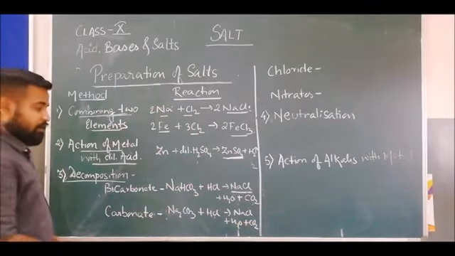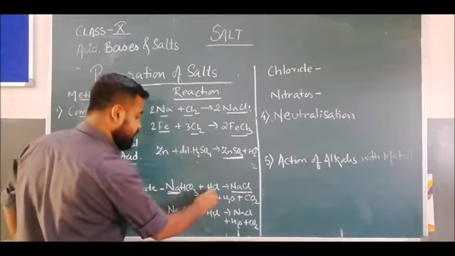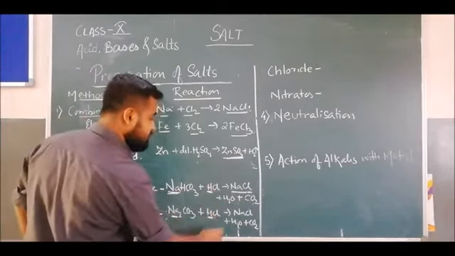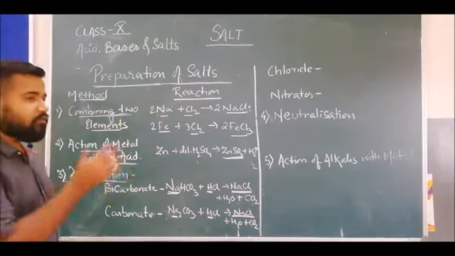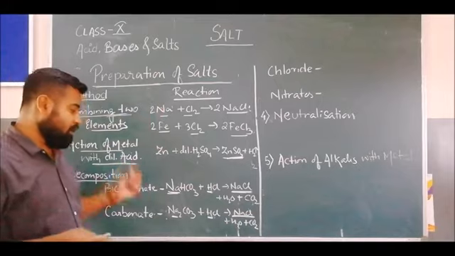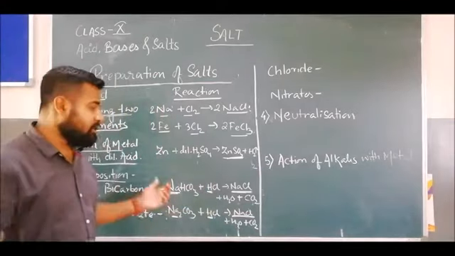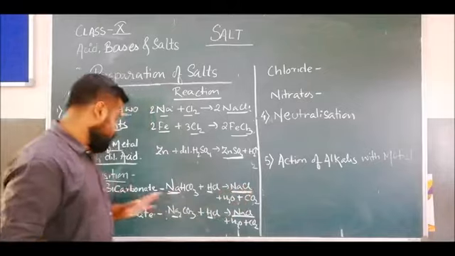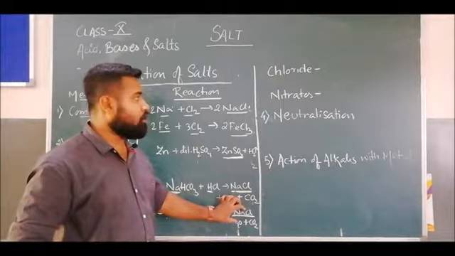So here the metal atom replaces the hydrogen and forms the salt, which I have already discussed in the previous chapter. Whenever the metal atom replaces the hydrogen from the acid, it gives the salt. So by decomposition of bicarbonates and carbonates, we can get the salt.